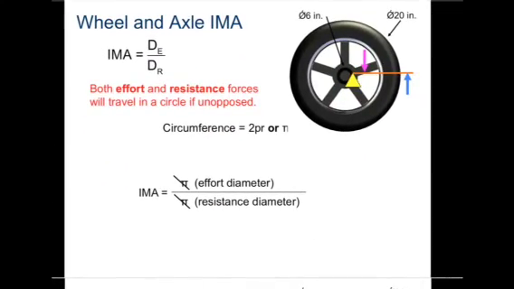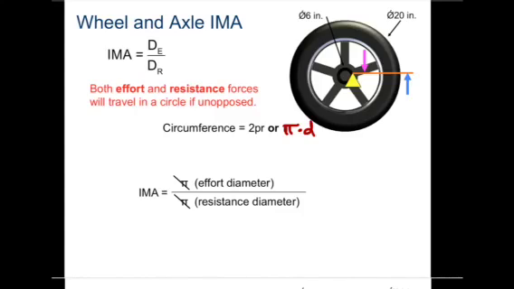IMA for a wheel and axle. The ideal mechanical advantage is just using this formula. It's the same idea, except now we're going to think of diameters and circumference. So circumference is 2 pi r. This is actually not written properly, so that would be pi times diameter. 2 pi r is the same thing as pi times diameter.